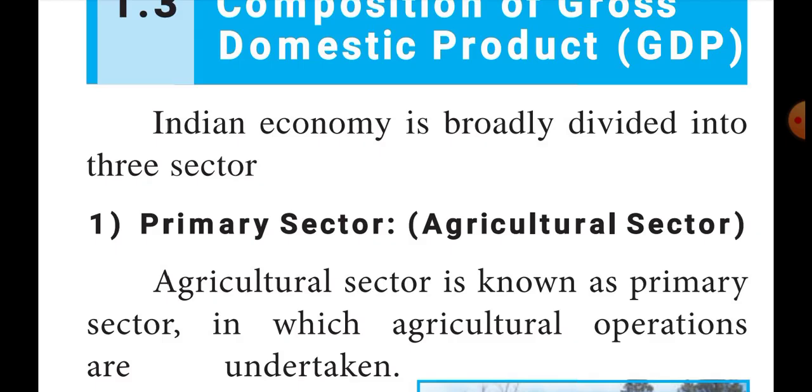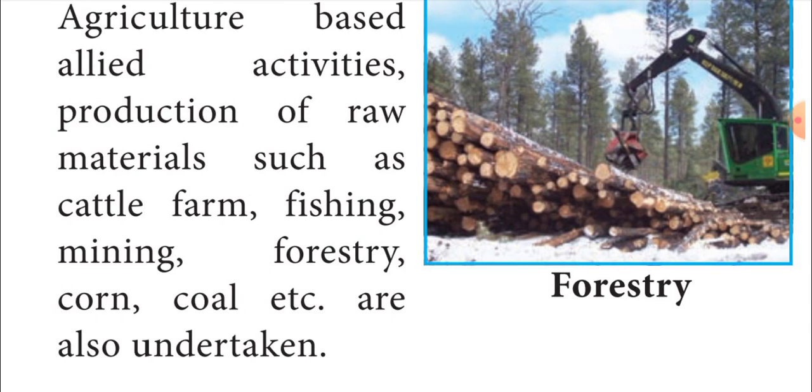For example, the production of raw materials such as cattle farm, fishing, mining, forestry, corn, coal, all these works are undertaken in the primary sector or agricultural sector.